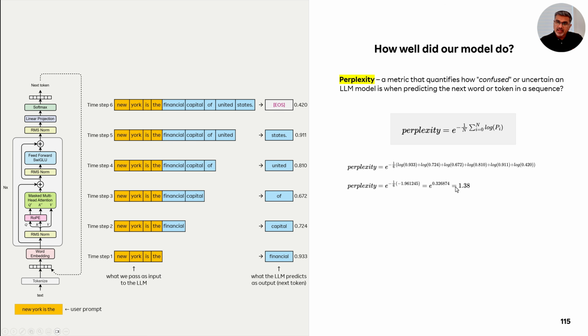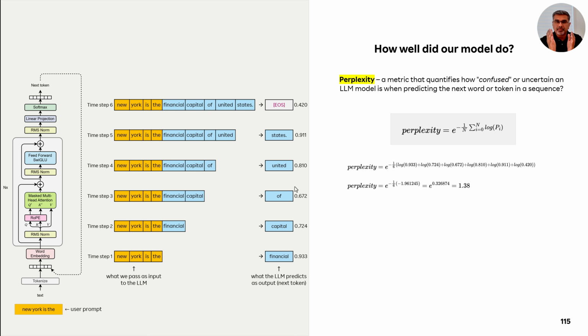Imagine if at each step the large language model had 1,000 tokens to pick from. That means the model is confused as to what is the right token, and so on. So that's why perplexity measures how confused or how perplexed the large language model is in picking tokens. Obviously, the lower the perplexity score, the better the prediction, because it means that at each time step the large language model has fewer tokens to pick from, and as a result, it is less confused.